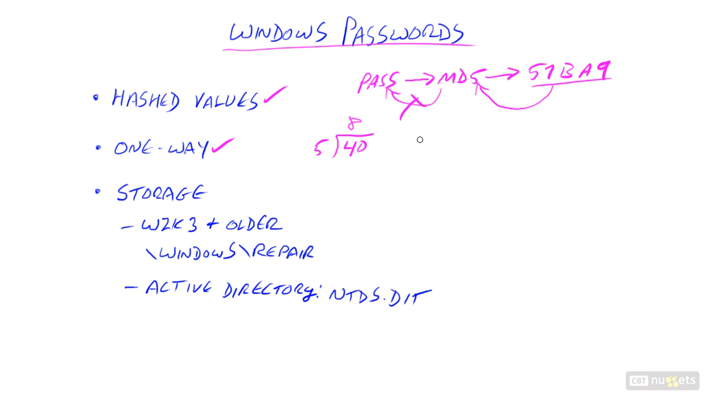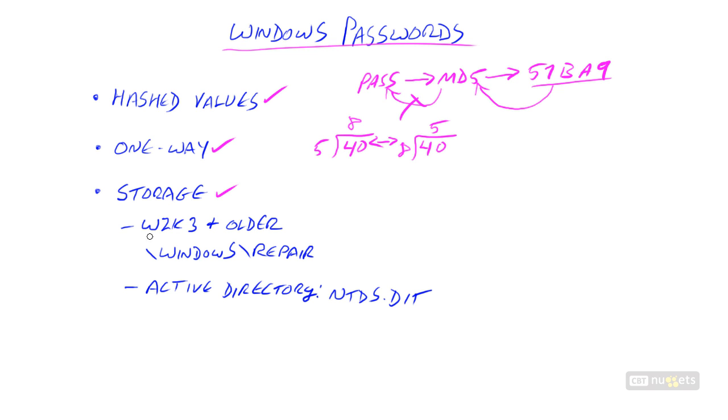You could do a similar mathematical function there as well, right? You could take 8 divided into 40, and you would get 5, right? So this is kind of reflexive. But hashes don't work that way. You can't just shove it back through in the opposite direction and come up with the same result. Now, these passwords are also stored in specific locations.